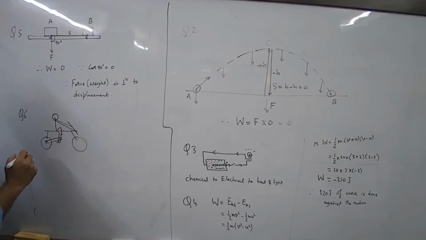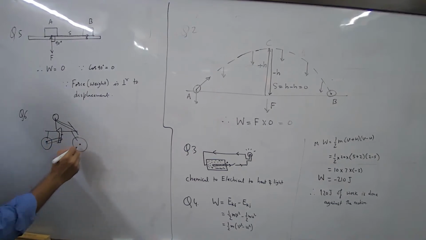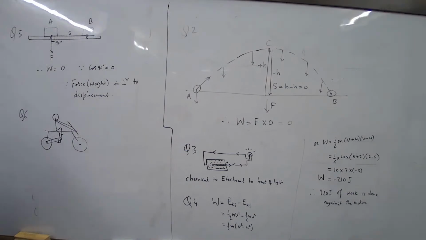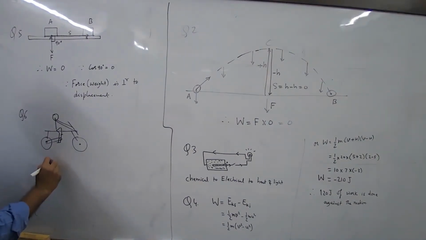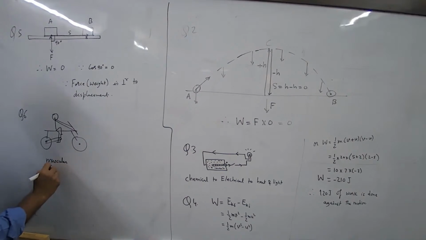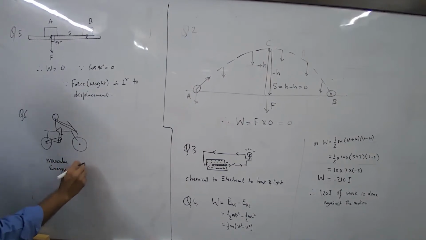So when he pedals it, muscular energy is converted into mechanical energy of the cycle. The person himself is also moving, so it's the same for everybody. Just the mass into velocity square will be the person's kinetic energy. So muscular energy to mechanical energy.